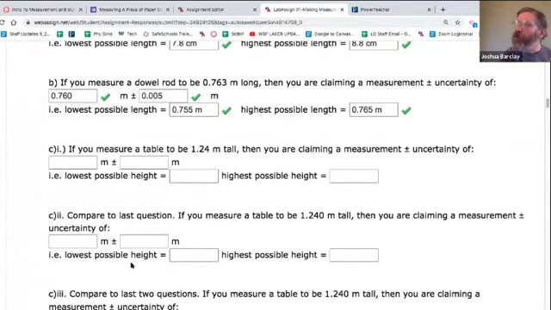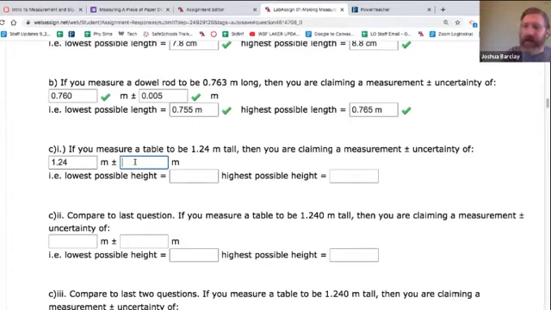Okay, now we're going to try this here. And this is where we're going to really see the difference. If you measure a table to be 1.24 meters tall, you are claiming a measurement plus or minus uncertainty of blank. Now, let's go ahead and try this. 1.24 simply means 1.24 meters. That means the same thing. Got to put in my units. That means it's plus or minus how much?